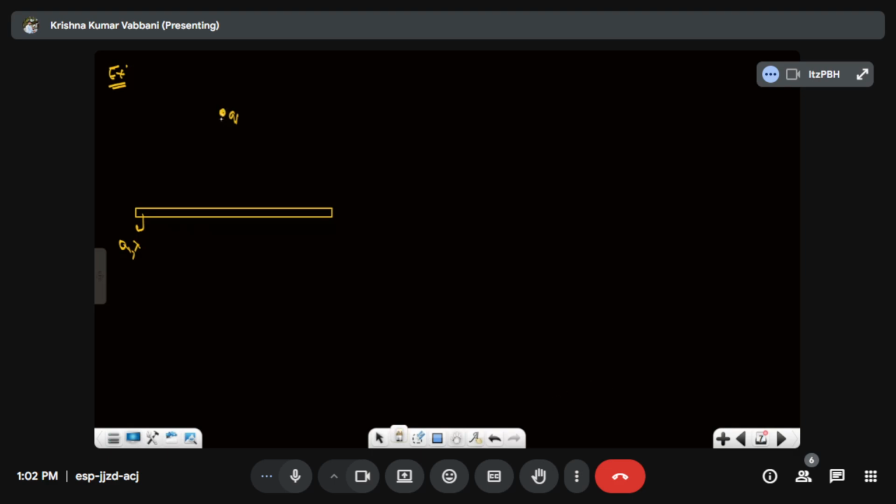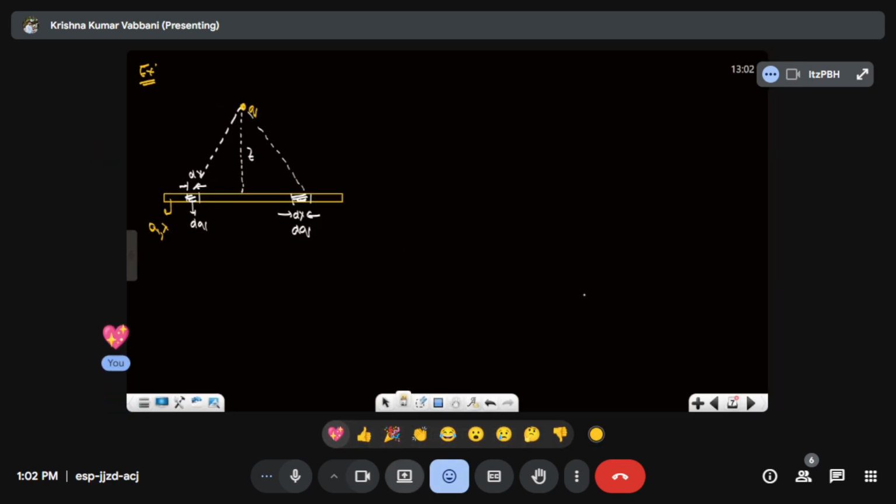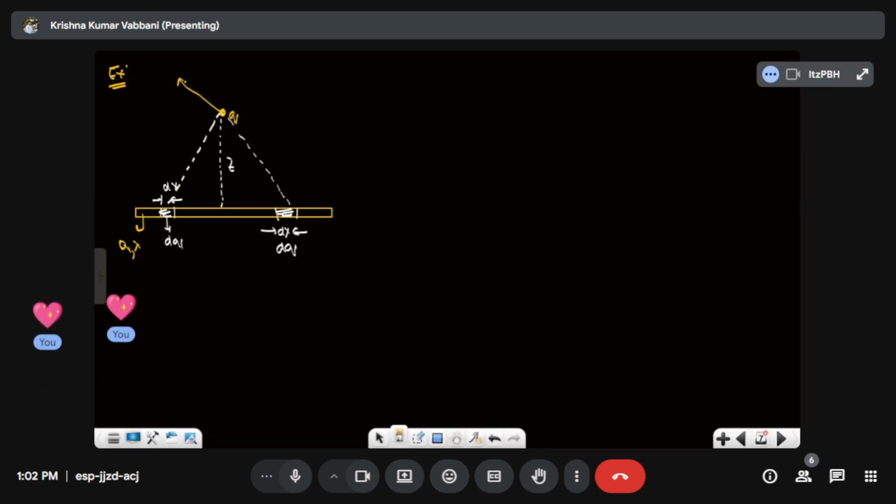This is my distance z, and somewhere I take an elementary charge, this is dx and this is dq. We already solved this, no need to worry. I'm resolving this vector, this is my dF and this is my dF. You already know this, so I'm writing the result directly.